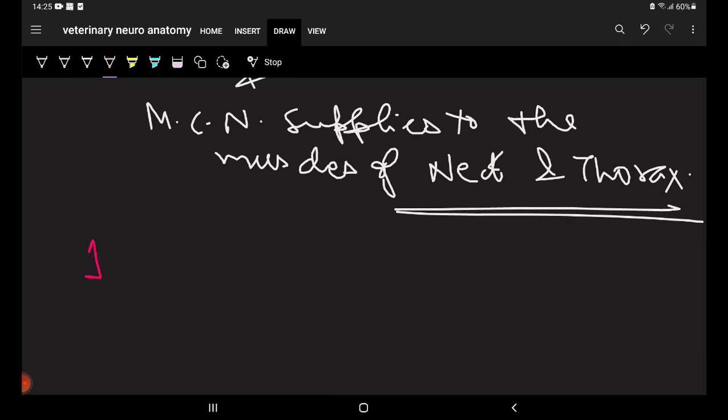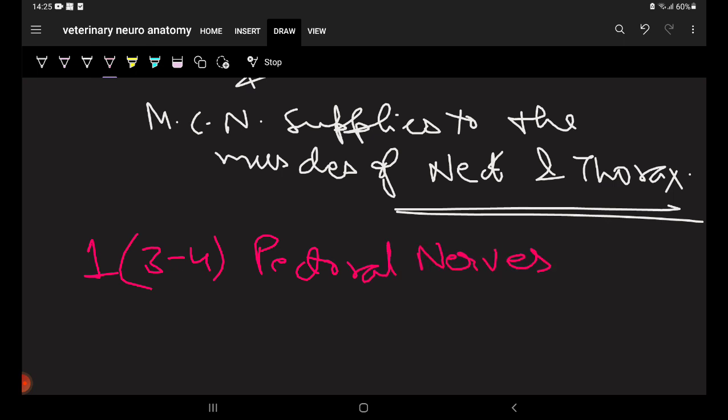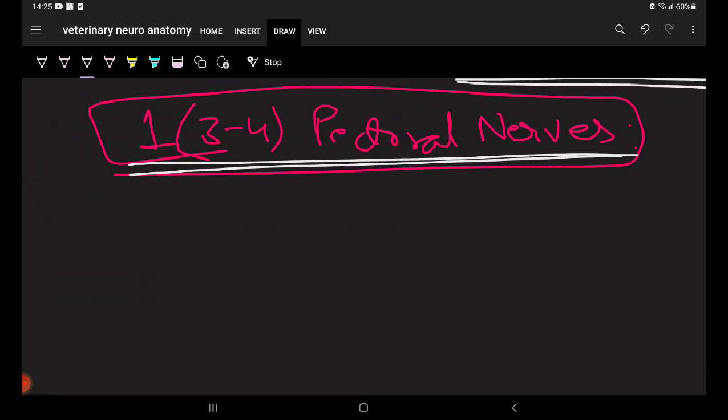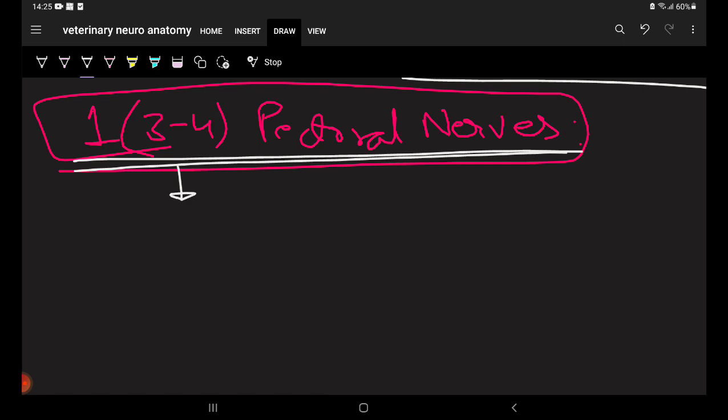Next is 1, 3 to 4 pectoral nerves or pectoral branches. So what is the meaning of what I have written, 1 and 3 and 4?